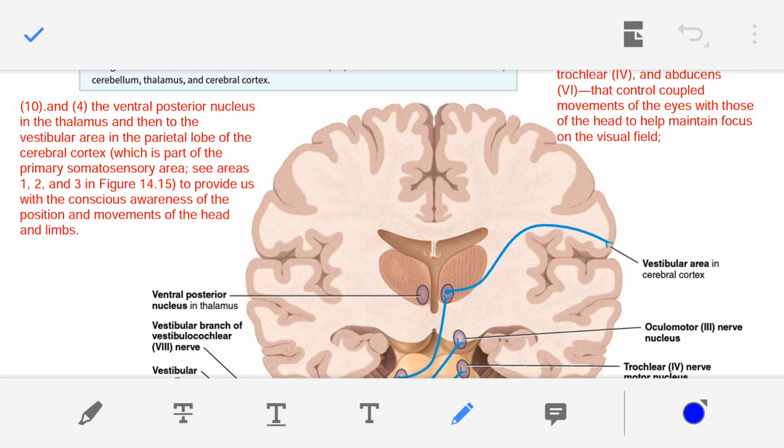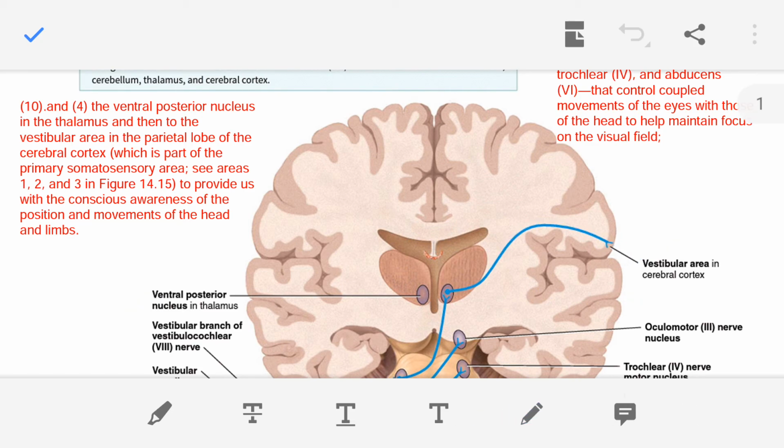From the ventral posterior nucleus, the nerve impulses are sent to the vestibular area, which is present in the cerebral cortex.